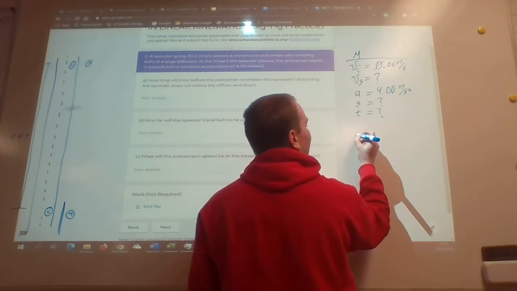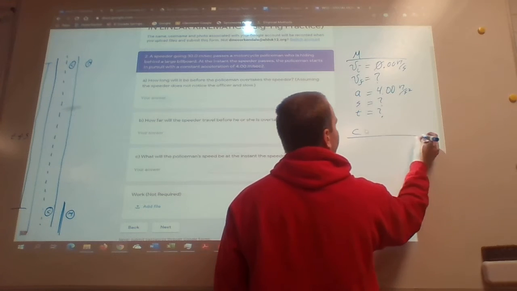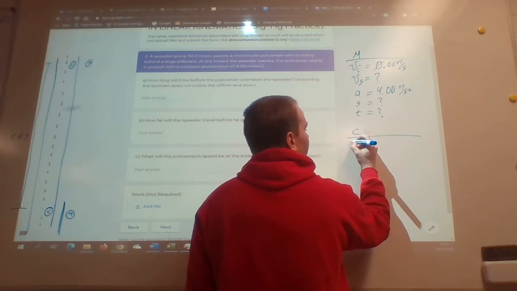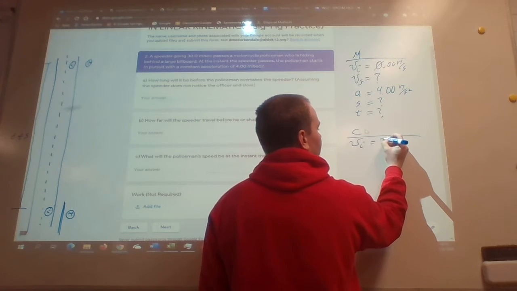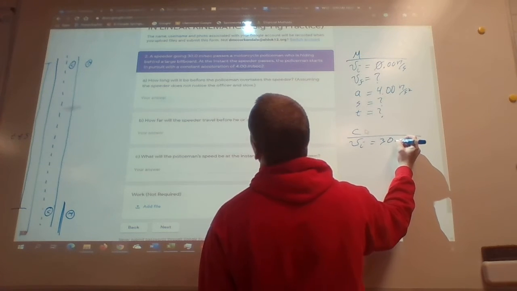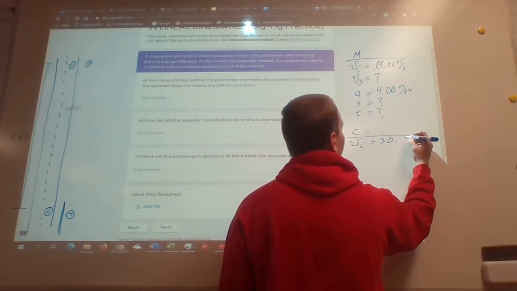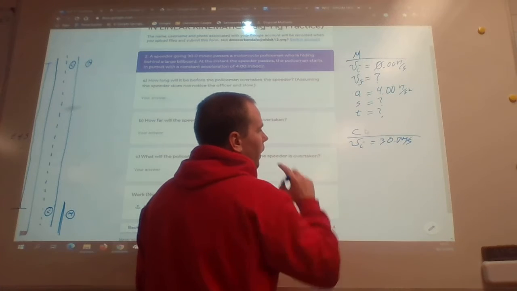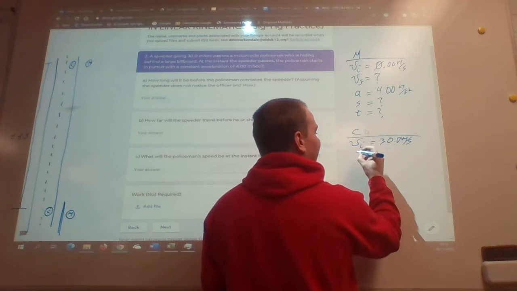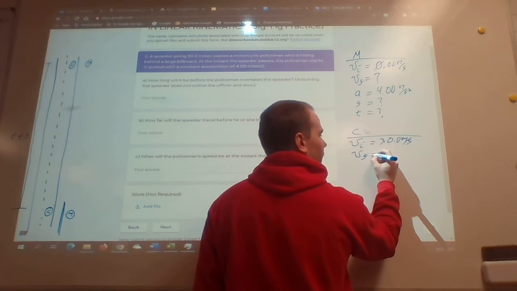So let's look at the speeder, the car. The initial speed of the car is 30.0 meters per second. What's the final speed of the car, though?